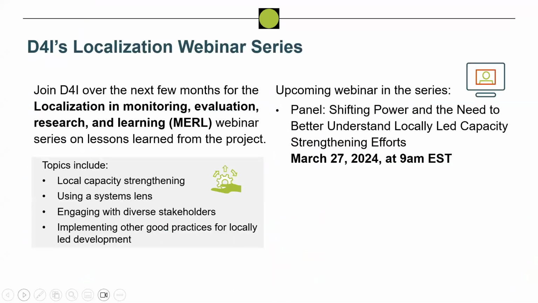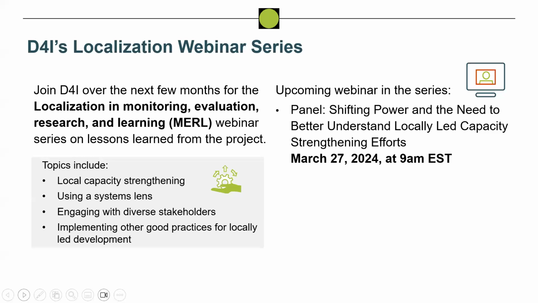Localizing monitoring, evaluation, research, and learning helps ensure that local actors have the resources and capacity needed for equitable, evidence-informed decision-making. Applications of this in MERL activities include local capacity strengthening, using a systems lens, engaging with diverse stakeholders, and implementing other good practices for locally led development.